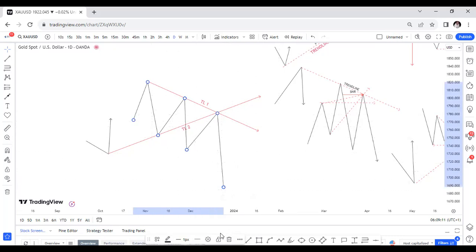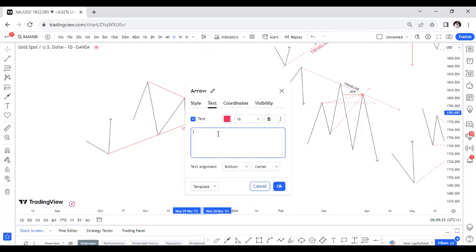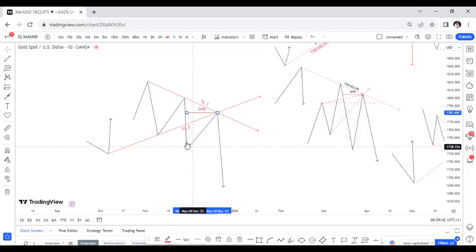Then I'm going to identify a particular SNR here, other gap or analysis gap level, or the basic classical.